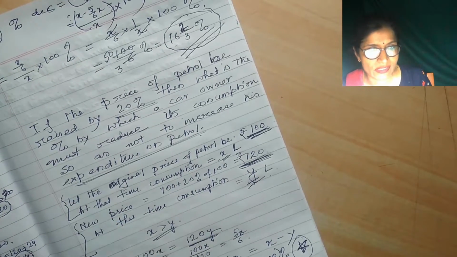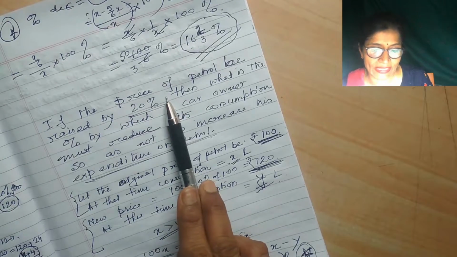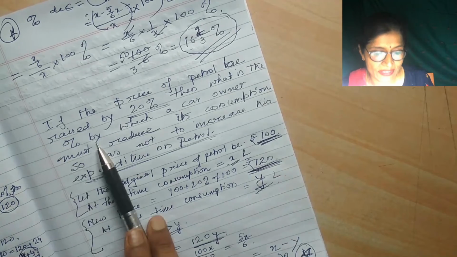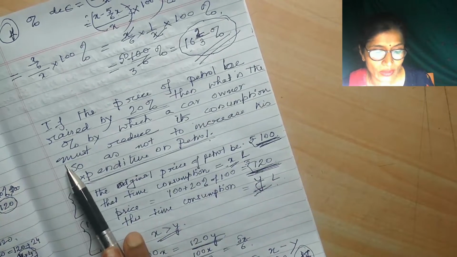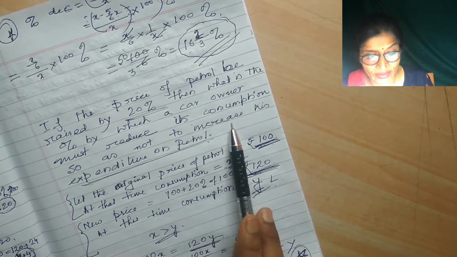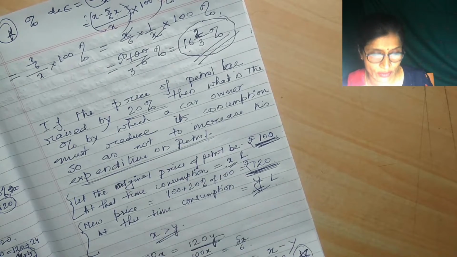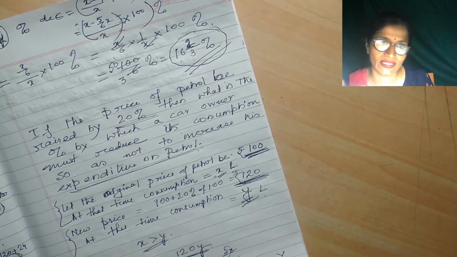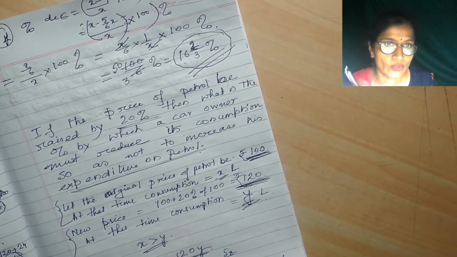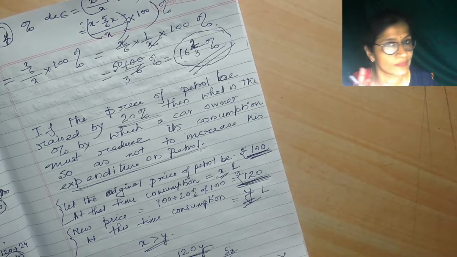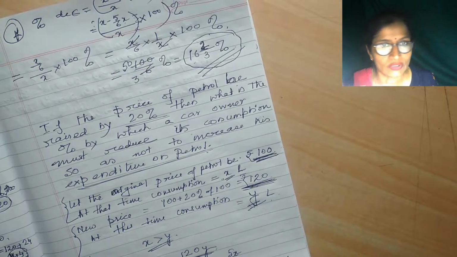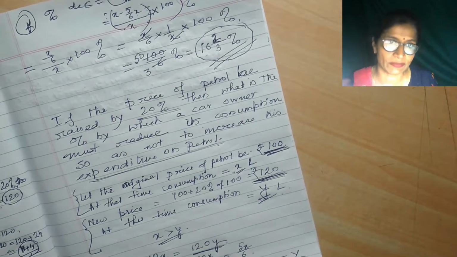Again I am repeating this sum. If the price of petrol is raised by 20%, then what is the percentage by which a car owner must reduce his consumption so as not to increase his expenditure on petrol? Initially the original price of petrol will be 100. The new price, with a 20% increase, is 120. Initially the consumption is X, now the consumption is Y, but the total expenditure is the same.